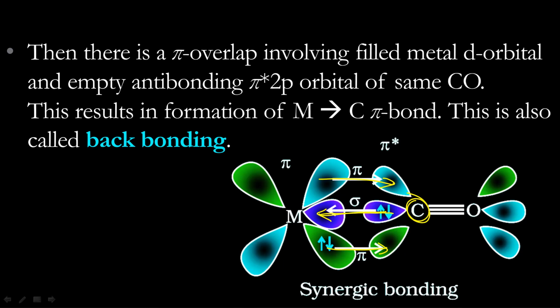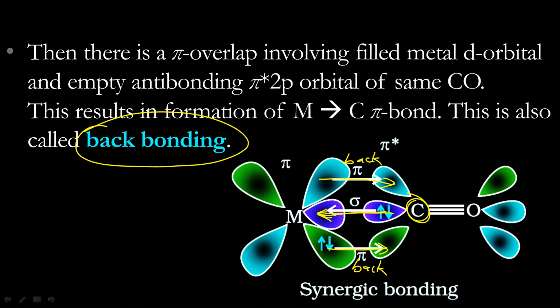Then the metal formed the pi bond back with the anti-bonding pi orbitals of carbon. So that's why it is called back bonding. After the sigma bond is formed, the metal forms the pi bond with the carbon of the carbonyl group.